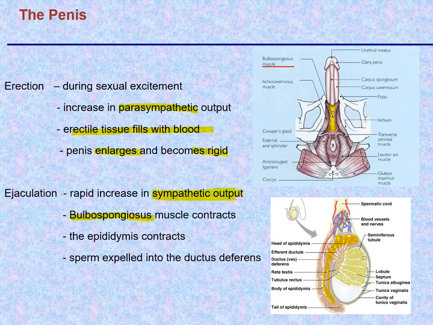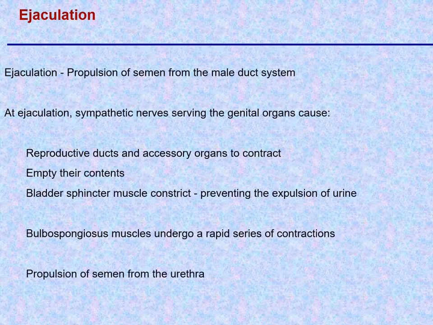So you have contraction of this muscle and of the epididymis, and sperm gets expelled up the ductus deferens and out through the urethra as ejaculate. So it's propulsion of semen out of the male duct system.